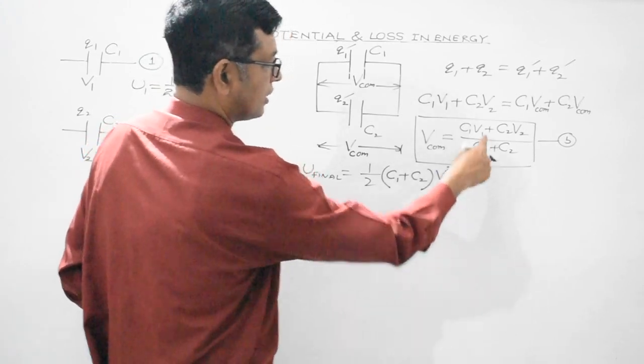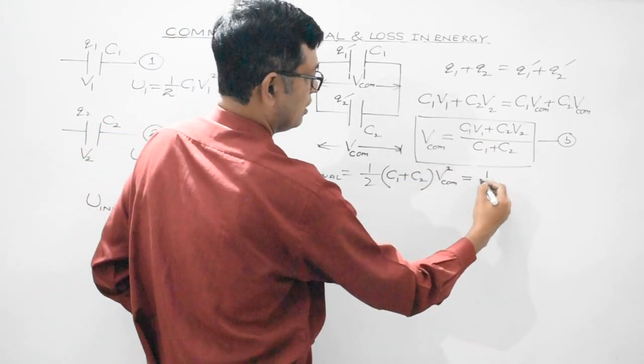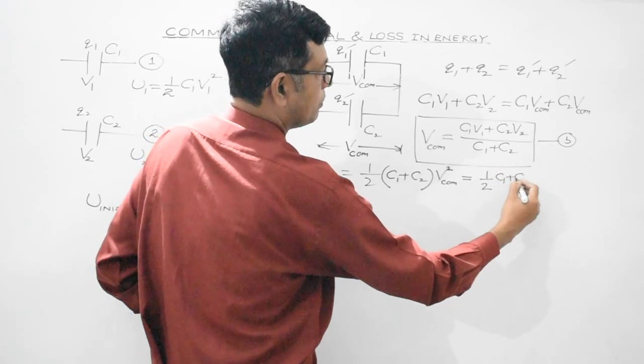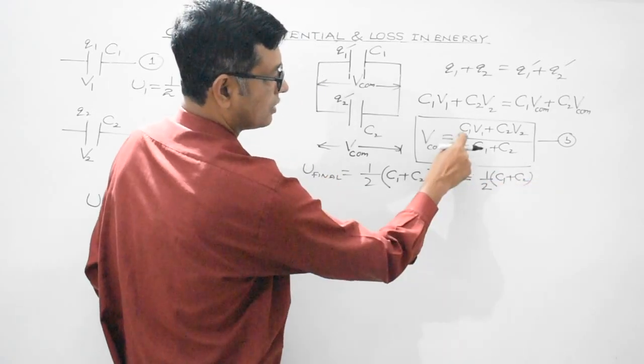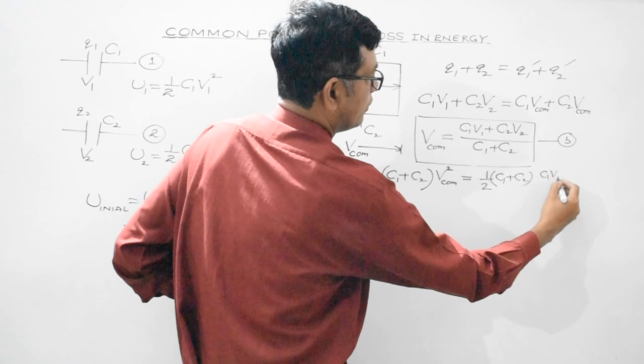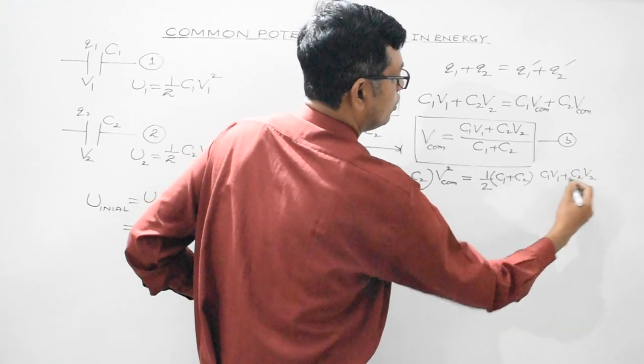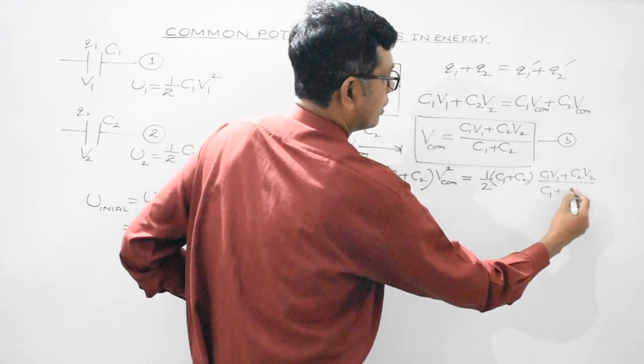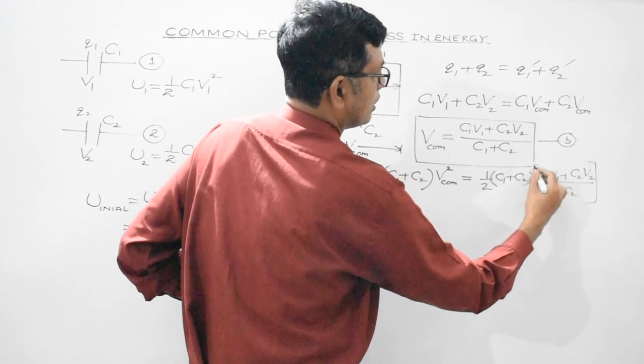Right? So you can substitute the value over here. What you get is half C1 plus C2 V common square. Substitute the value over here: C1 V1 plus C2 V2 divided by C1 plus C2, and whole square.